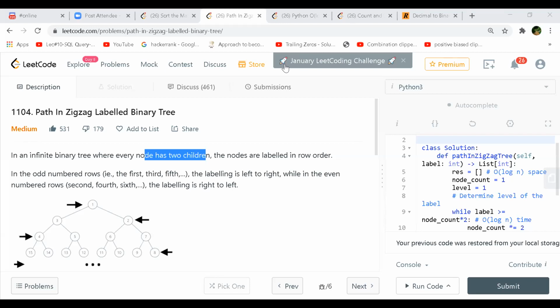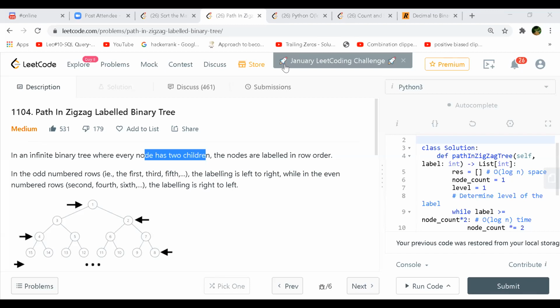Before this 12, I have my 11 nodes placed in my tree, some way or the other. So there's a pattern, right? On the first level, there would be one, and then two, then four, then eight. So using that GP sum, I can find out to which level this 12 belongs. So 12 would be on this fourth level, right?